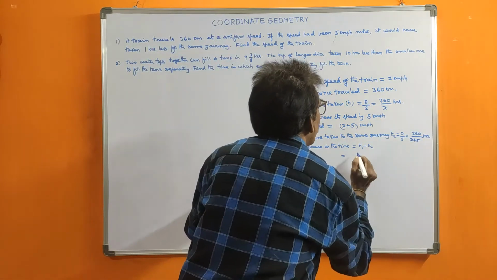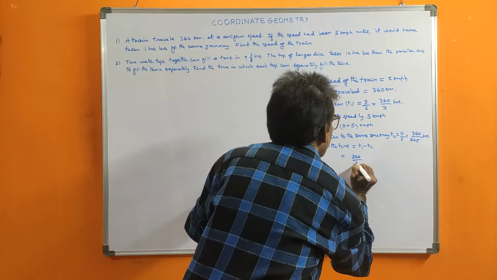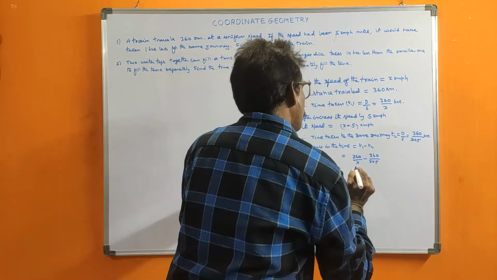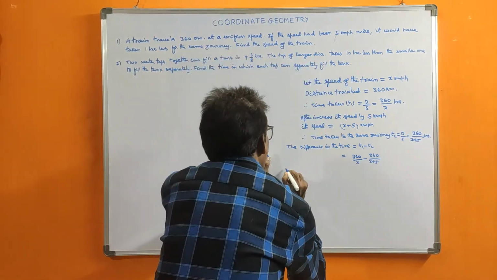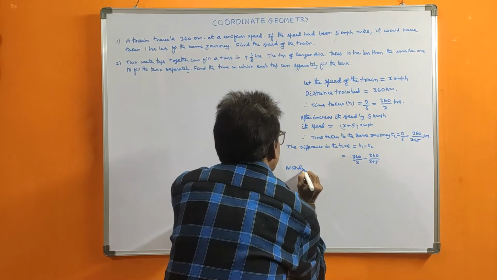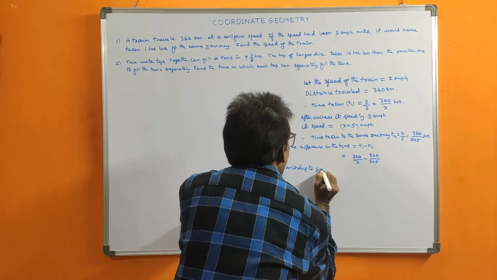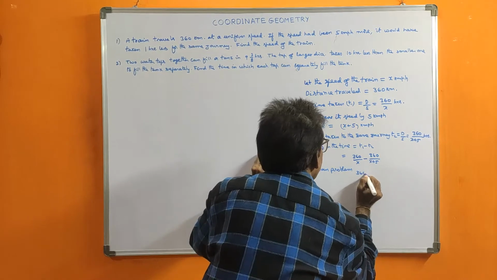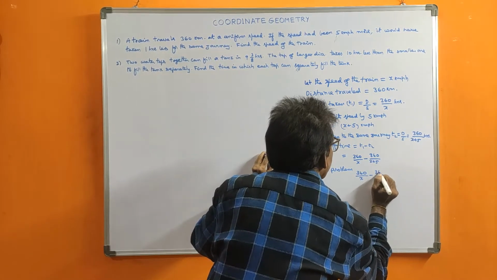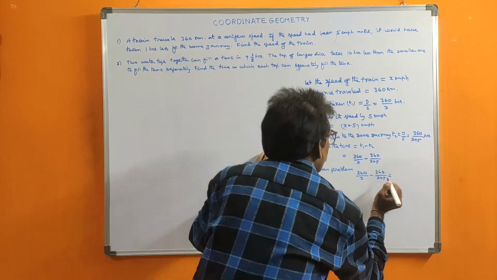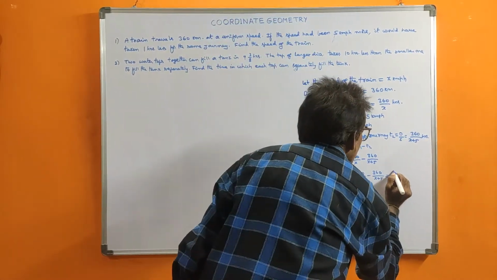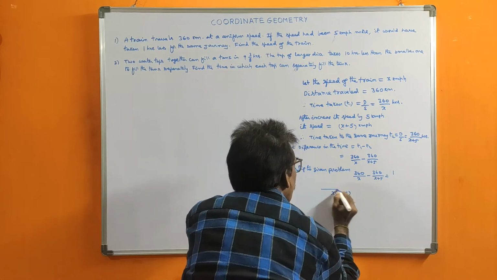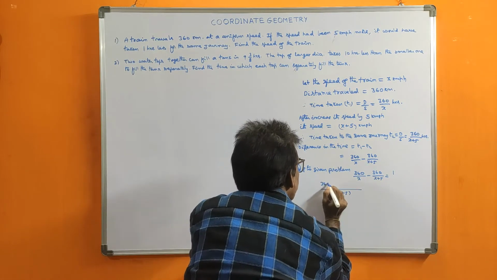So 360 by x minus 360 by x plus 5, this is the difference. According to the given problem, this difference 360 by x minus 360 by x plus 5 is 1 hour. So 1. Now the LCM is x into x plus 5.